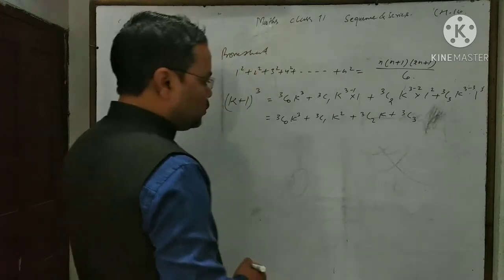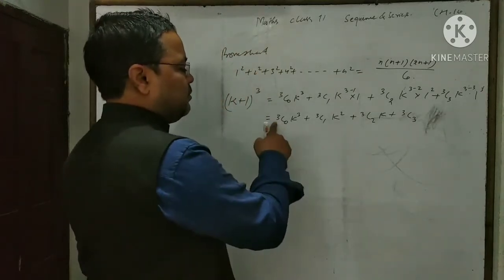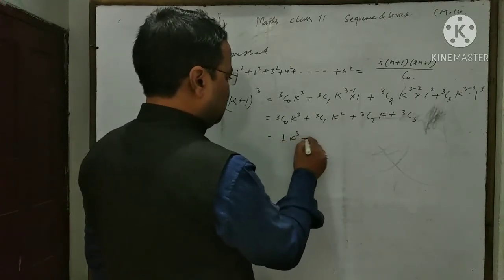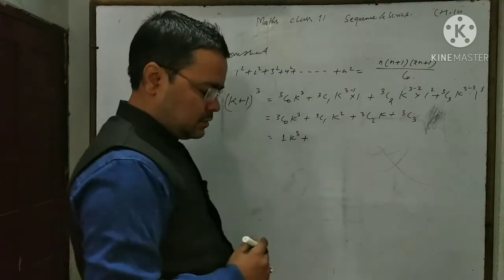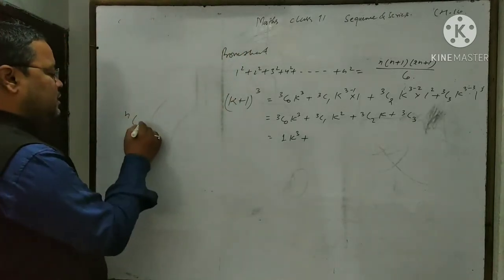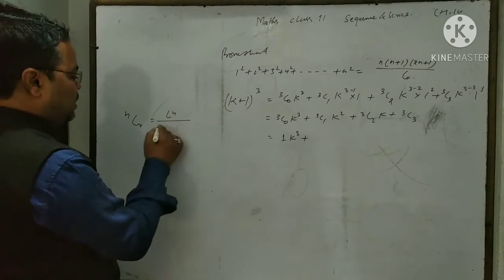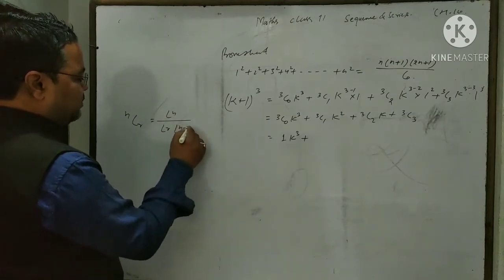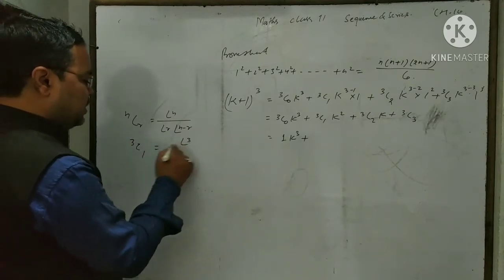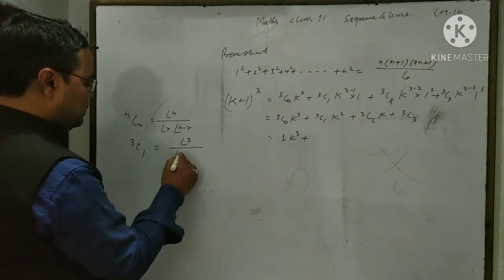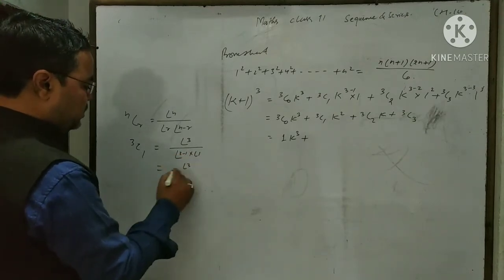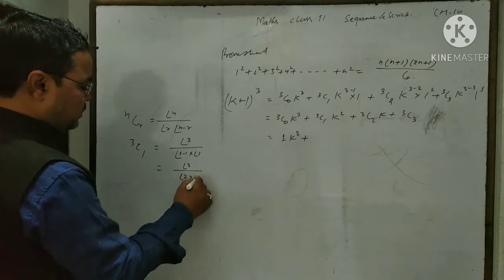Now we know that this is the coefficient of 3C0. What is the value of this? 1. We can write here 1 k cube plus 3C1. What is the value of 3C1? Here nCr is what? Factorial n upon factorial r into factorial n minus r. So similarly 3C1 is factorial 3 upon factorial 3 minus 1 into factorial 1, or factorial 3 upon factorial 2 into factorial 1.